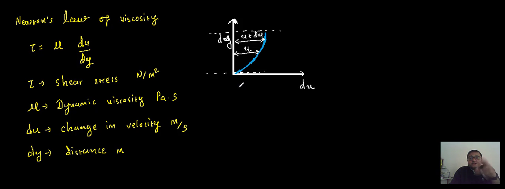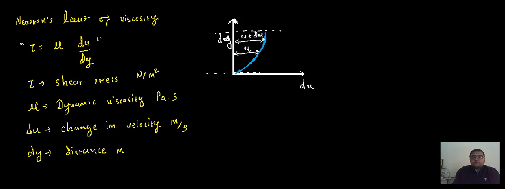If a particular thickness of the fluid has a velocity of u, then the layer above it has a velocity of u plus du, and the layer below it has a velocity of u minus du. Based on this figure, the law is derived.